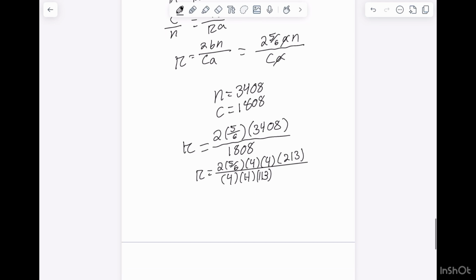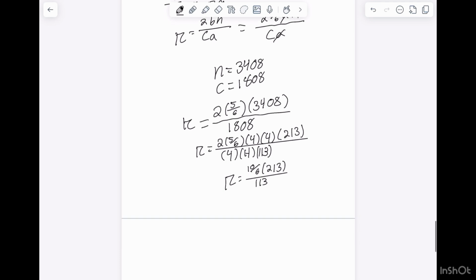The 213 times 2 times 5 divided by 6 is equal to 355, which is significant because that is the fraction that Mario was aiming for, divided by the 113, which was the known value for pi back in Mario's day. So doing this experiment, he was able to get the closest number to pi he could imagine.